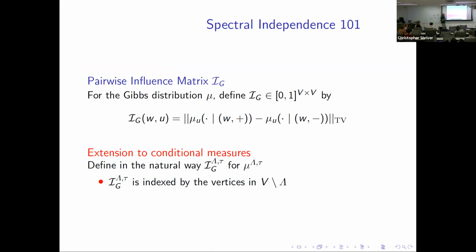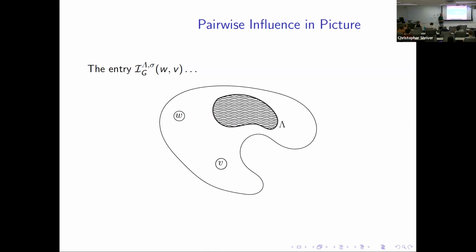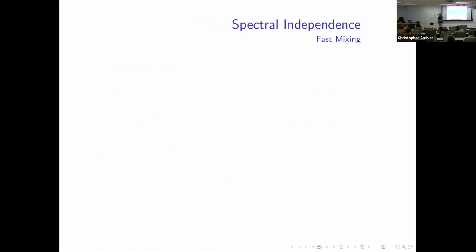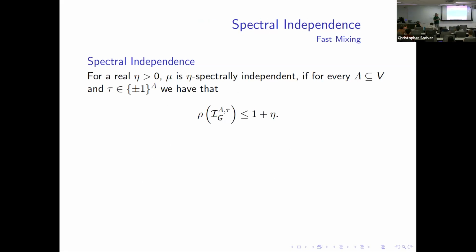You can also consider the influence matrix when you impose configurations, when you fix boundaries on your measure, which again gives a pairwise influence matrix. Having defined this pairwise influence matrix, we care about its spectrum, particularly its maximum eigenvalue.